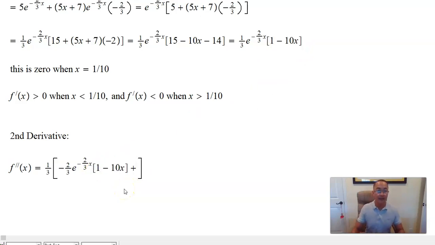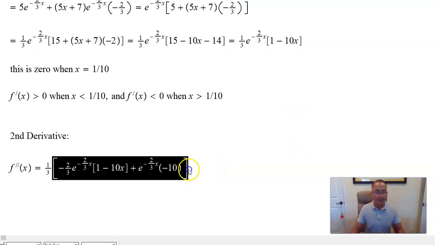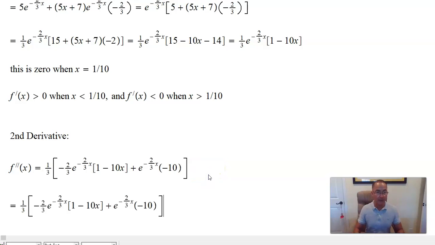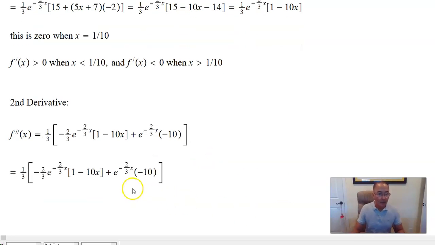Then we have the first factor, e to the minus 2/3 x, times the derivative of the second factor, which is minus 10. Great. So now we are going to simplify this second derivative. The e to the minus 2/3 x, first things first, let's take that outside.